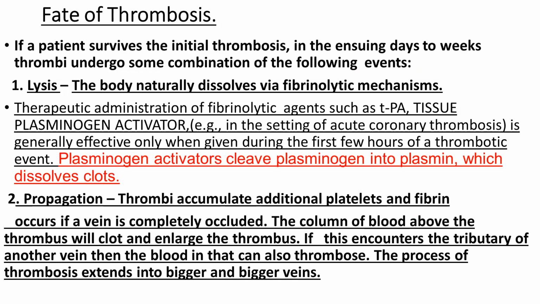The fate of thrombosis. If the patient survives the initial thrombosis, in the initial days to 2 weeks, the thrombus undergoes some combination of the following events. Number one is lysis, and number two is propagation.